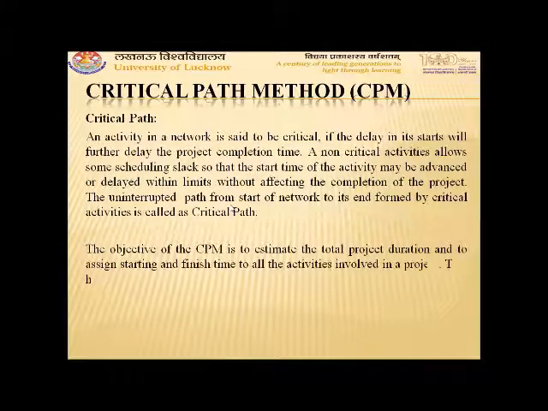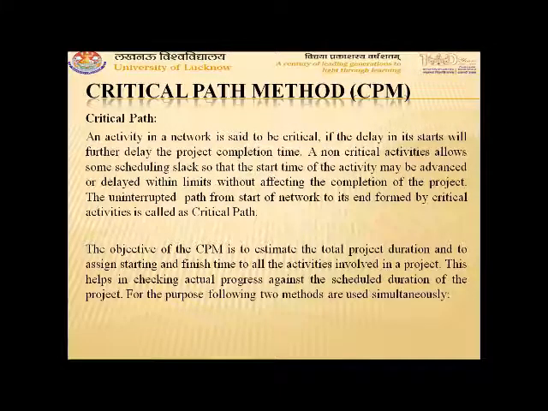The objective of critical path method is to estimate the total project duration and to assign starting and finish time to all the activities involved in a project. This helps in checking actual progress against the scheduled duration of the project. For this purpose, two methods are used simultaneously.